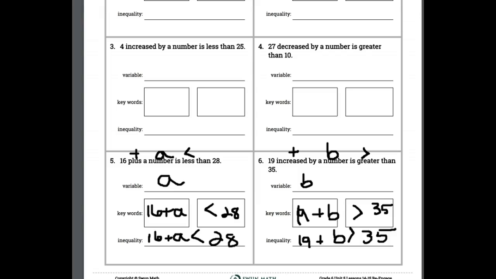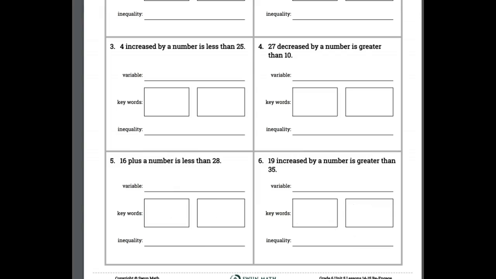Okay, so that completes the first page. That was the re-engage and reviewing, breaking down your statement and where you were finding the keywords and what you're going to write. Now, the substitute is going to pass out the second page to you. And this is the extra practice page.